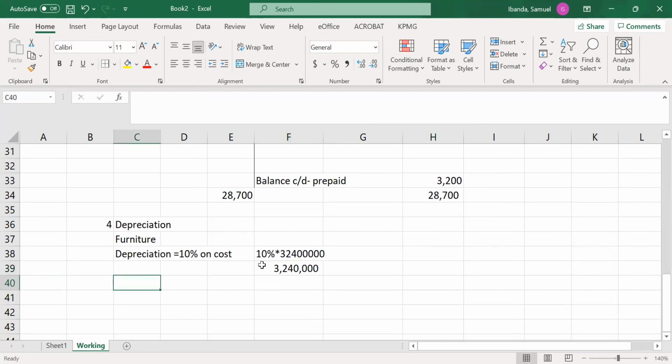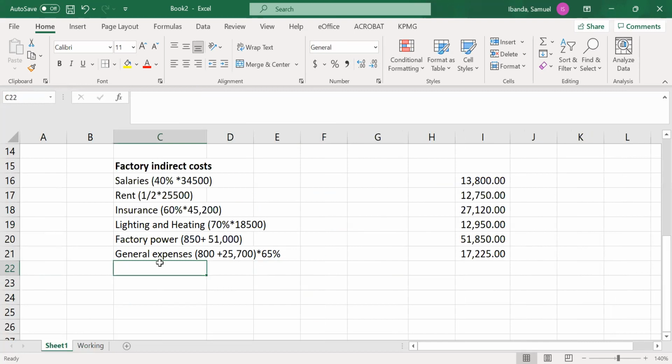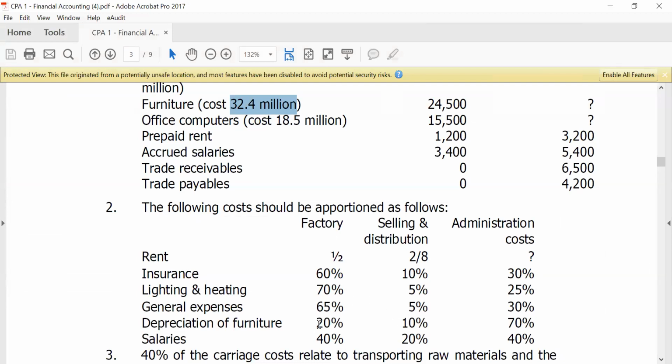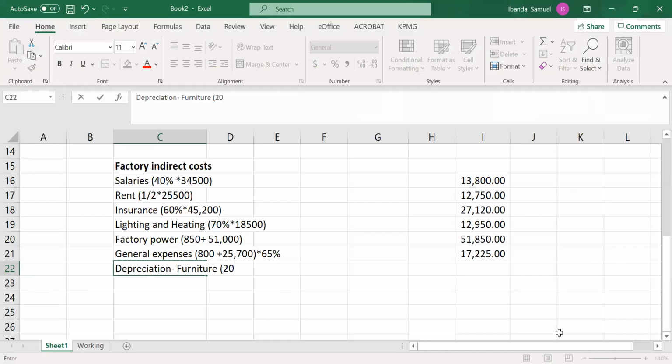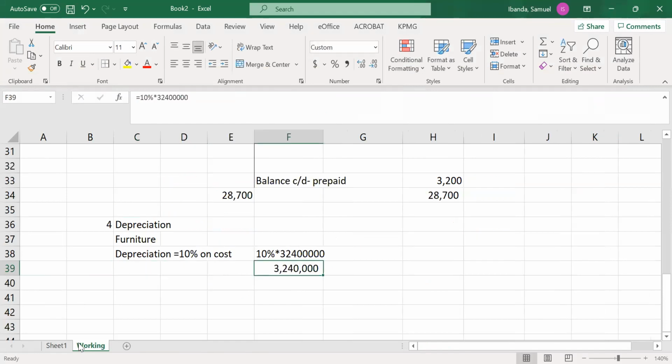So if I want to now distribute this, I'll say depreciation, and this is for furniture. Now I'm going to the distribution rate, to see what is the depreciation distribution rate. So furniture, we distribute 20%. So 20% relates to the factory. So it will be 20% times what we have gotten here, which is 3.24.